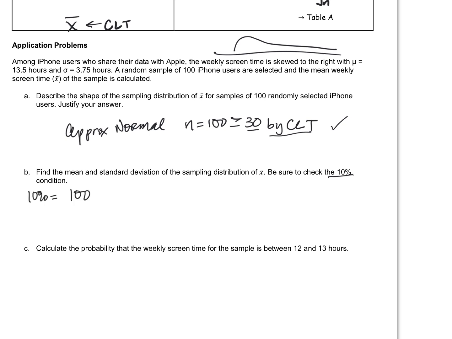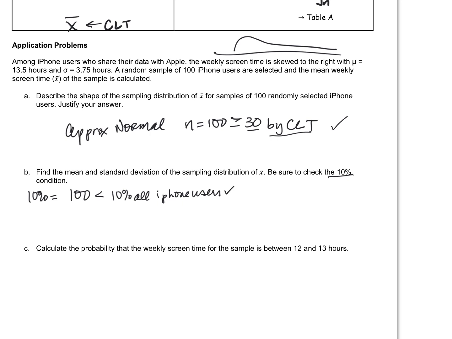It's 100 users, not teenagers. Is 100 less than 10% of all iPhone users? Is that a reasonable estimate? Yes. So that's the way I show my work. I have thought through it. 100 is less than 10% of all iPhone users. I put it in context. Yes, we can proceed as if this is independent.